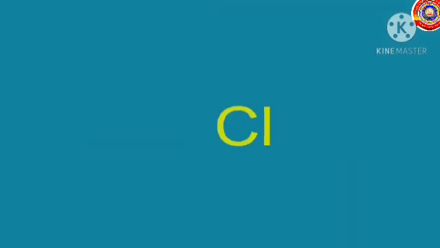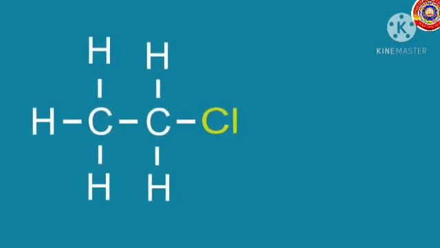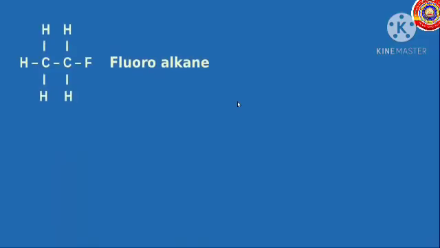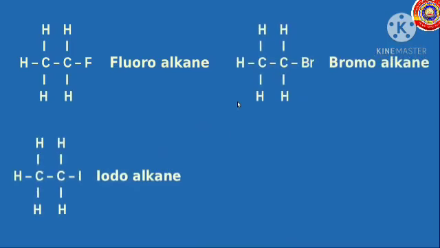Chlorine, isn't it? So, if chlorine replaces the hydrogen atom from an alkane, then the resulting compound will be chloroalkane. Got it? And if fluorine comes instead of hydrogen, then it is fluoroalkane. And if bromine, it is bromoalkane, and iodine makes it iodoalkane.